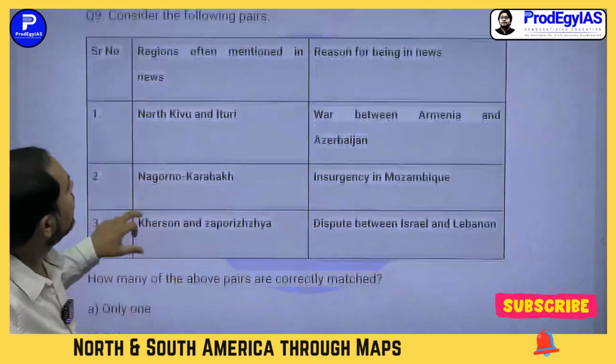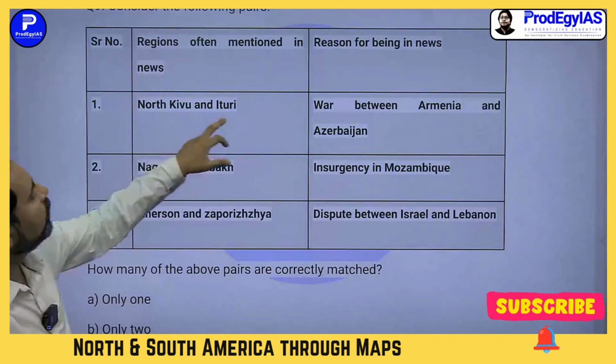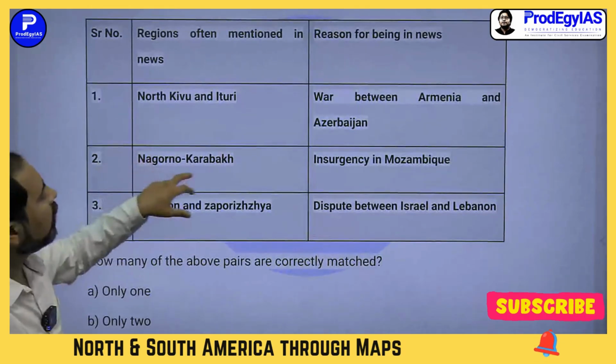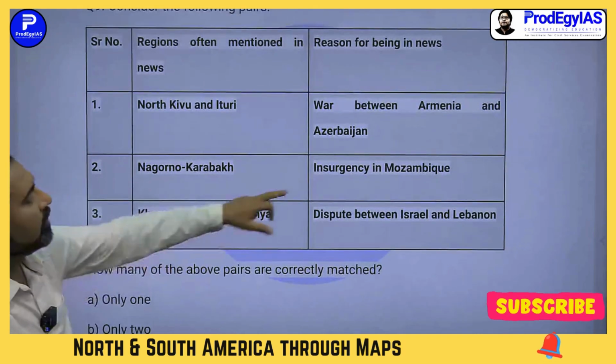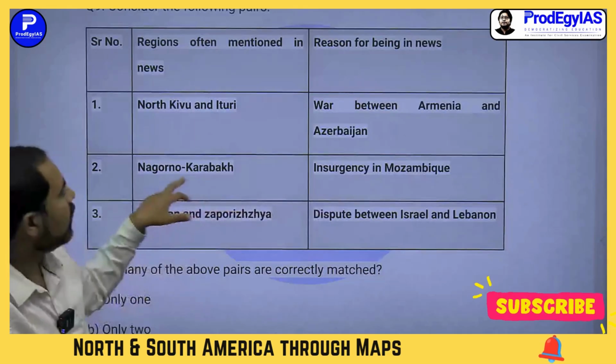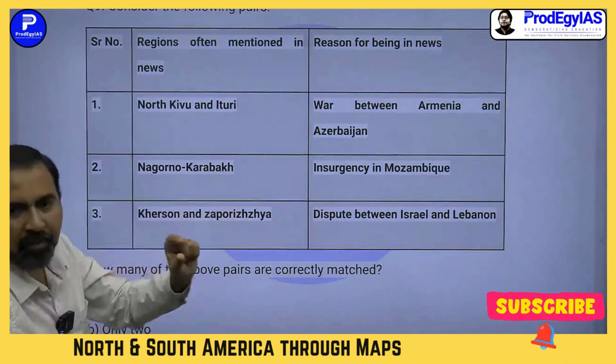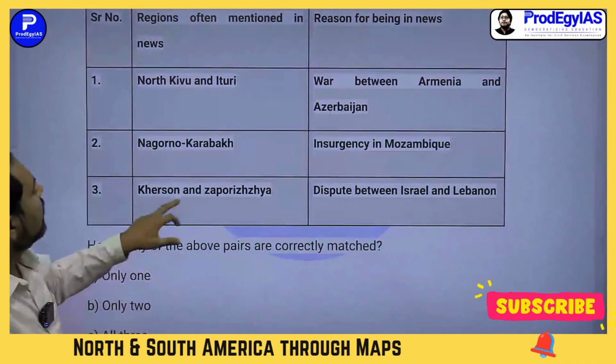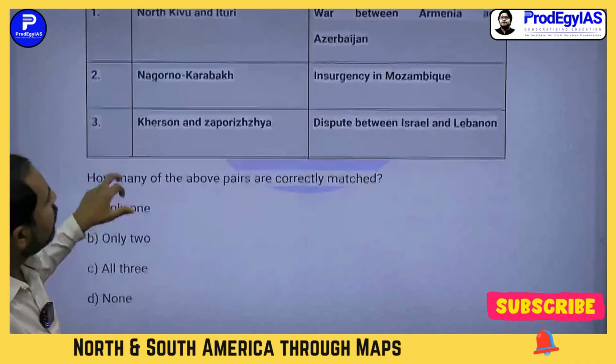So like this question, North Kivu and Ituri. You should know where they are located. These regions, Nagorno-Karabakh. It is not in Mozambique. Nagorno-Karabakh is the conflict zone between Armenia and Azerbaijan, right? Kherson and Zaporozhye.